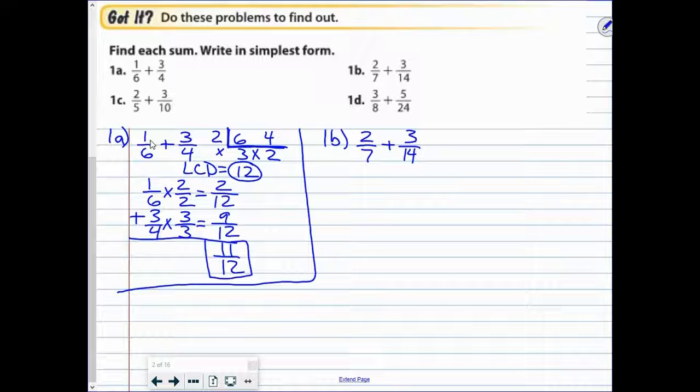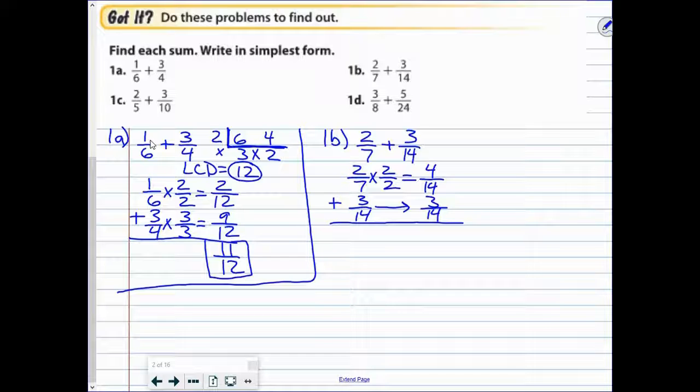So I will rewrite the problem with 2/7 plus 3/14. And since my common denominator is 14, I'm going to multiply 2/7 by 2 over 2 to get 4/14. And all I have to do is drag over the 3/14 because it already has that common denominator.